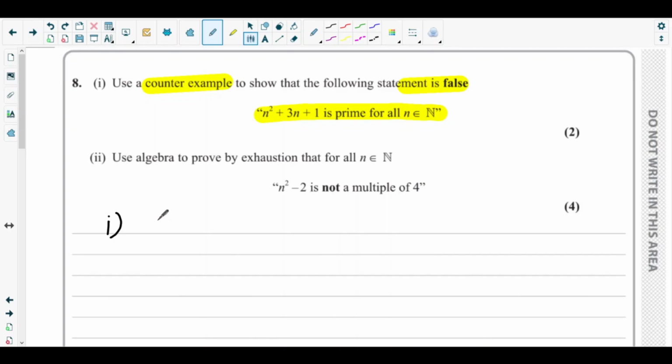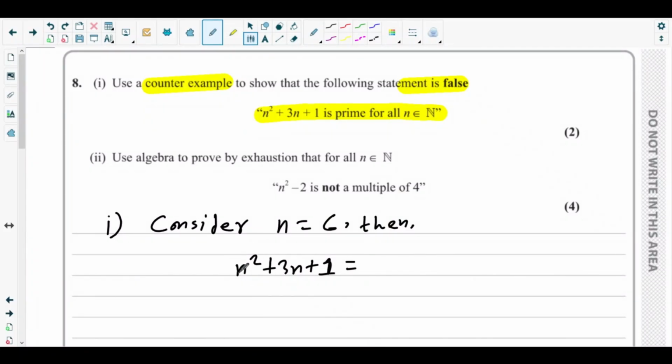That means we can consider n equals 6. Then n squared plus 3n plus 1 equals 36 plus 18, which is 54, plus 1, which is 55, which is not a prime number.